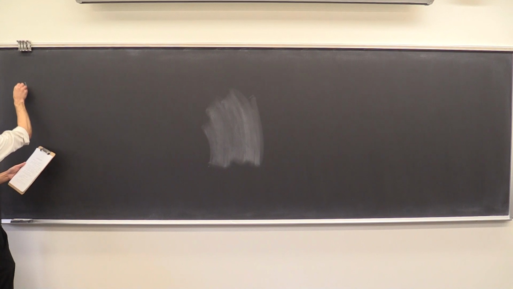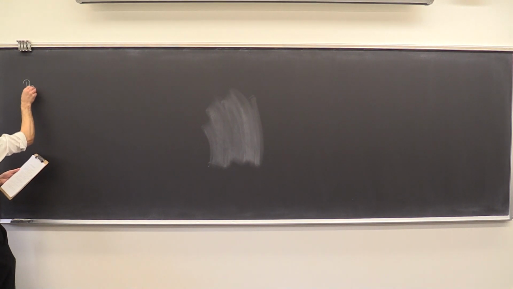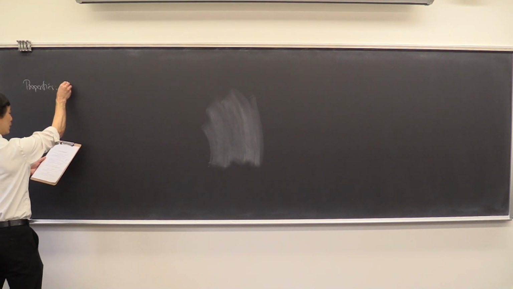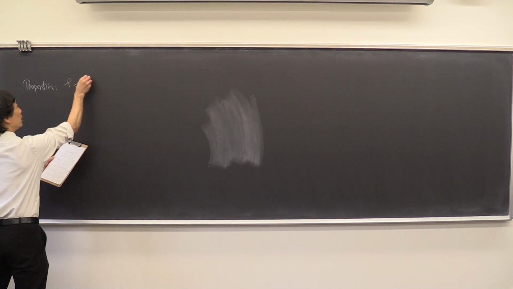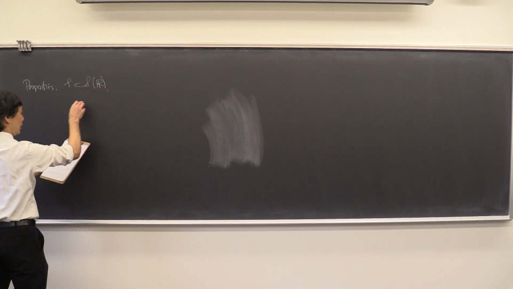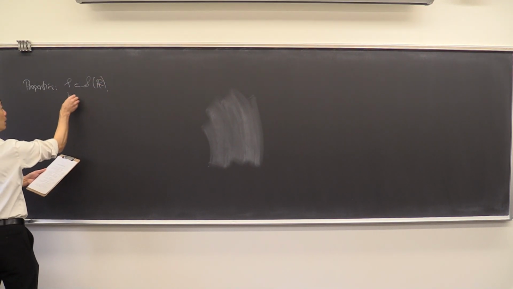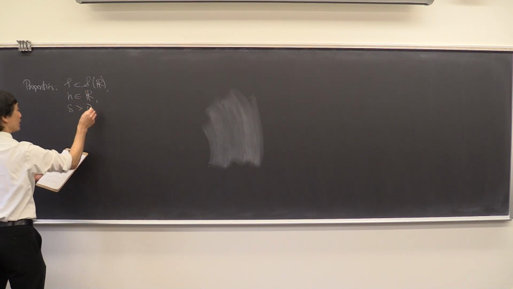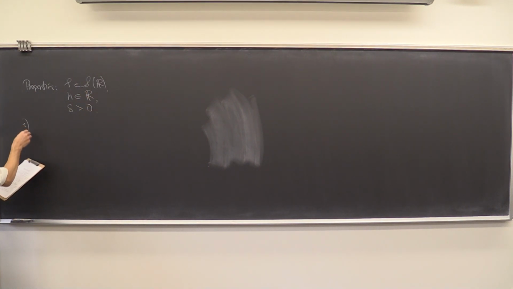So we had some properties. If you have a function in the Schwartz class, and you have a constant and then a positive constant, then we had the following properties.